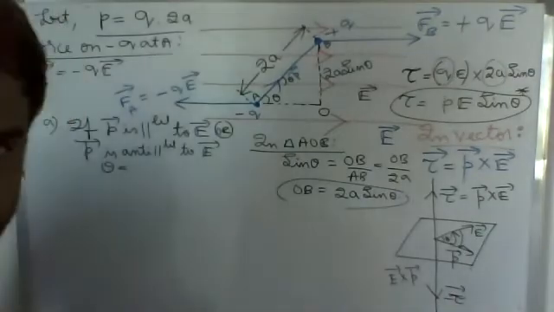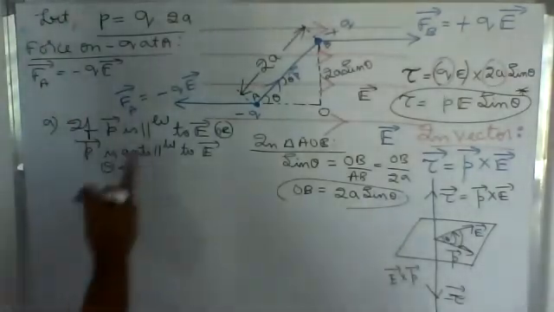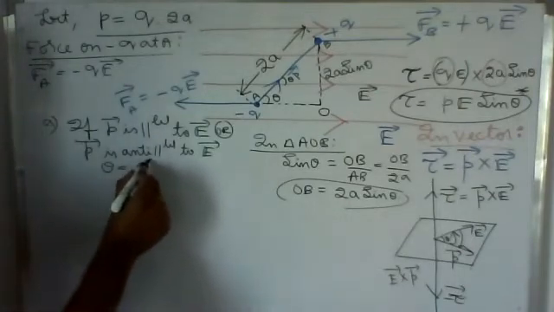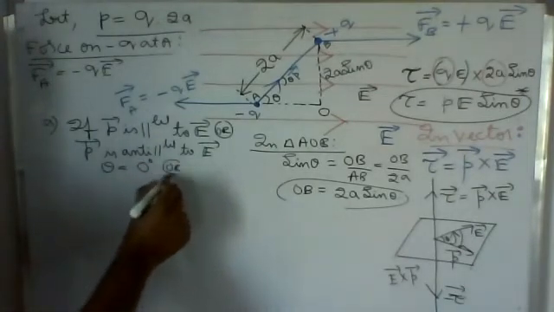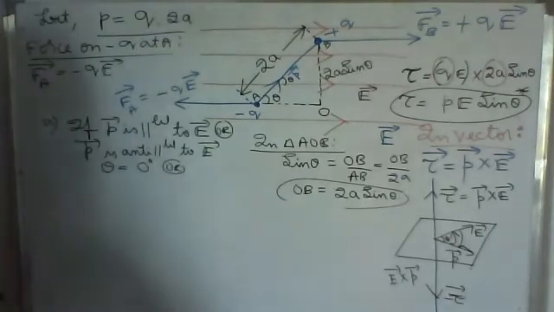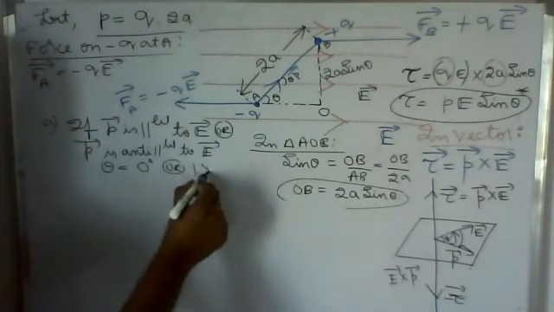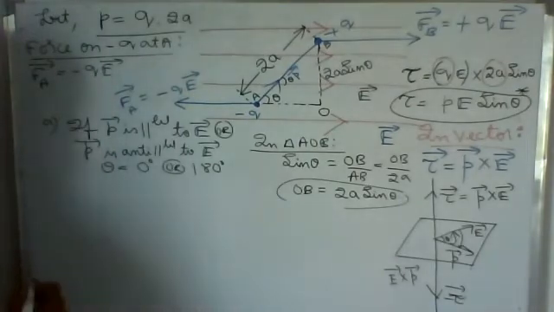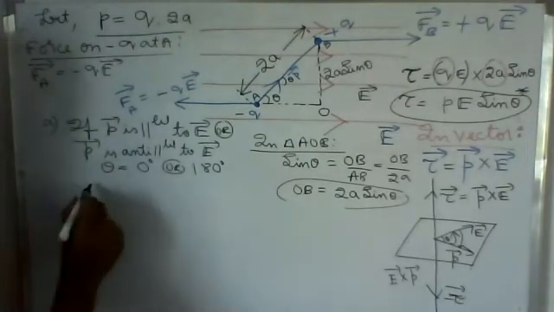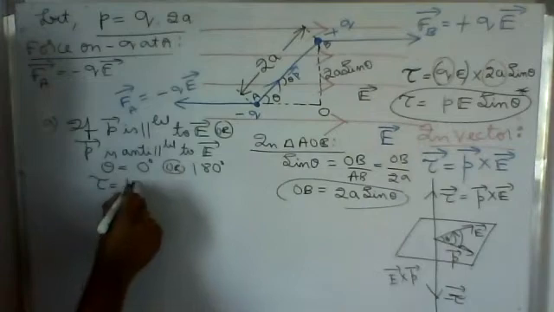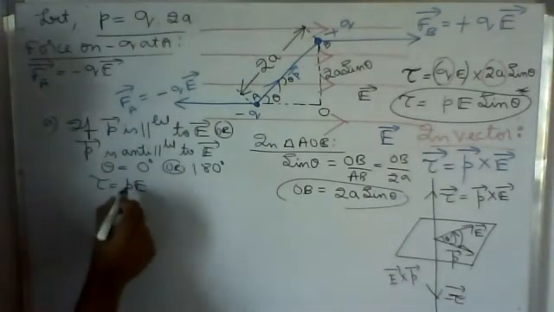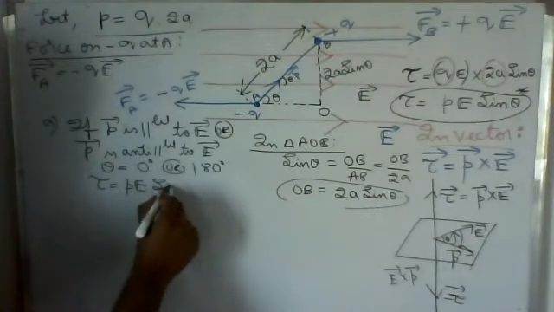If P vector is parallel to E vector, what is the value of theta? Theta is 0 degrees. If P vector is anti-parallel to E vector, theta is equal to 180 degrees. So in both cases, torque is 0. If P is parallel to E, tau is equal to PE sine 0.